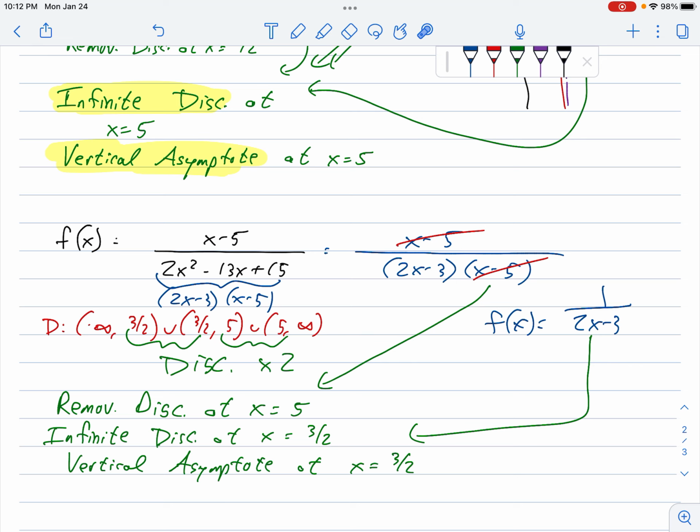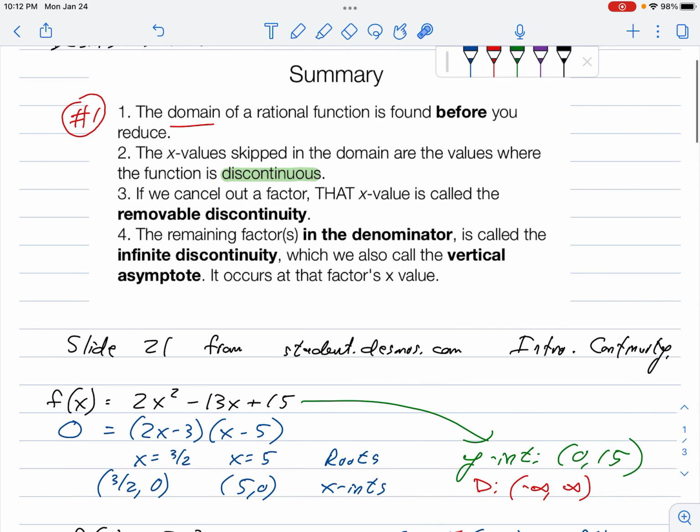Okay? That's just a little summary of what I wanted to get through with my discontinuities. So we have 2 types, removable and infinite. And again, removable is if we're able to cancel it. Infinite is the denominator ones that we can't cancel, and we also call them vertical asymptotes.